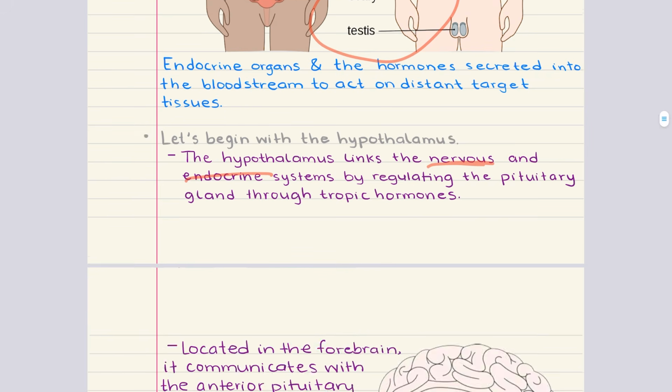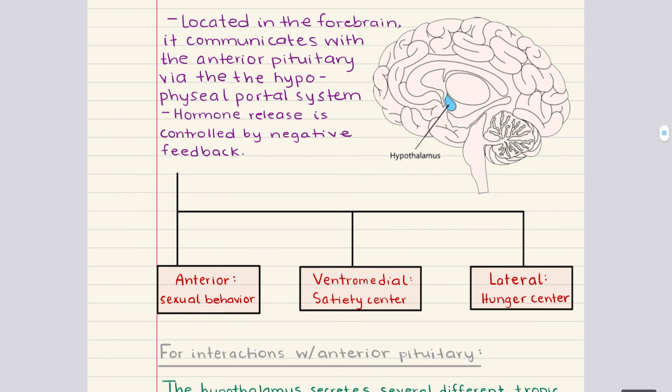The hypothalamus is located in the forebrain, just above the pituitary gland. It communicates directly with the anterior pituitary gland through a specialized blood vessel network called the hypophyseal portal system. This is how hormones released by the hypothalamus reach the anterior pituitary very quickly and in the right concentrations.